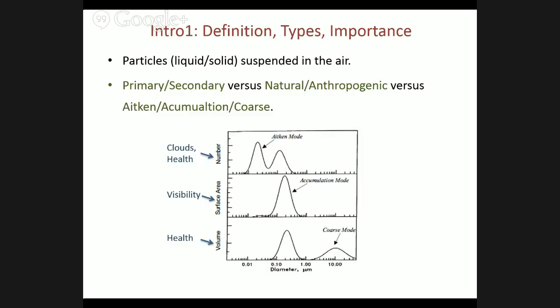Whereas when you're talking about visibility and hazy and non-hazy days, you want to be concentrating on surface area, which shows up this accumulation mode. And for health, both volume as well as number are important. By health we mean mostly the respiratory diseases through lungs.